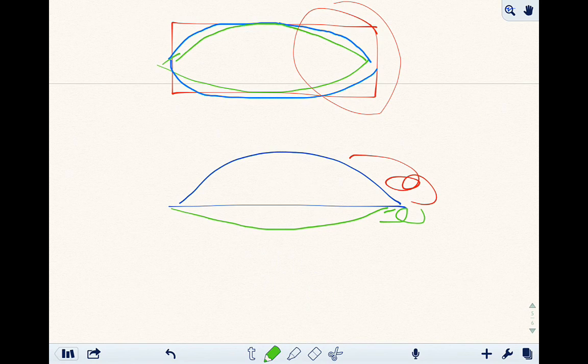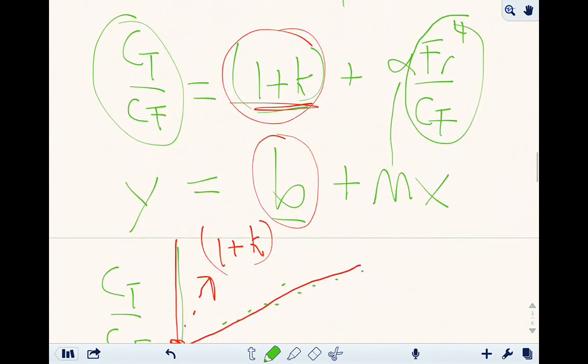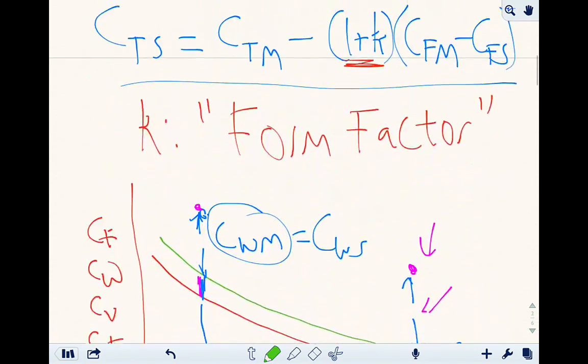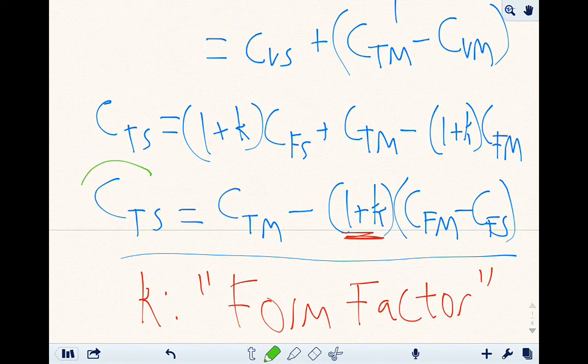So that covers getting at K, and once you have K, you can complete the estimation of the full-scale drag, because you have the frictional drag coefficients that you can estimate. Going back to our final approach, which is up here. To get the total drag coefficient of the ship, first we measure the resistance of the model converted to a total drag coefficient. Somehow calculate K, which we just discussed. The frictional drag on the model can be estimated from a resistance curve, and I'll present a resistance curve in class.